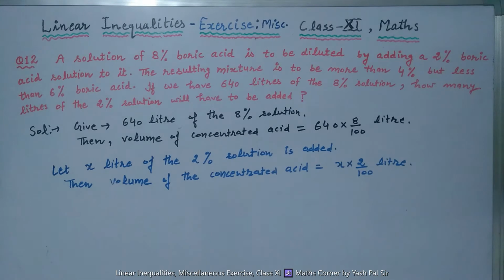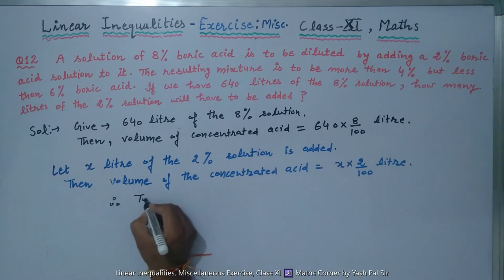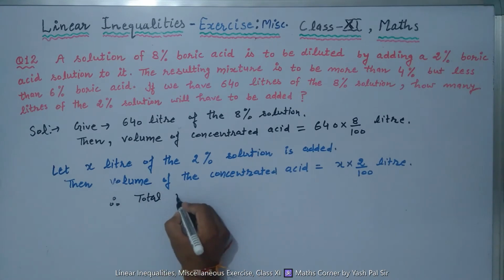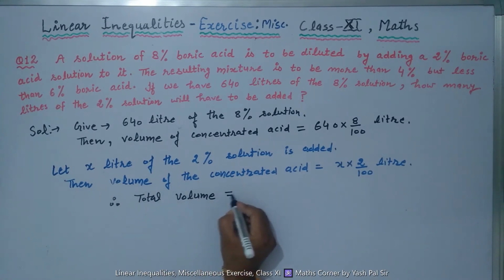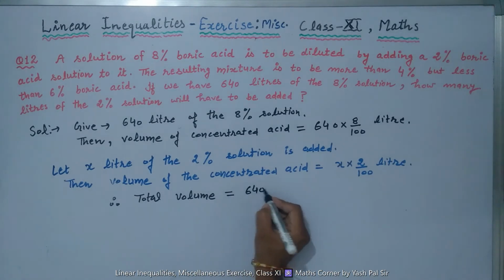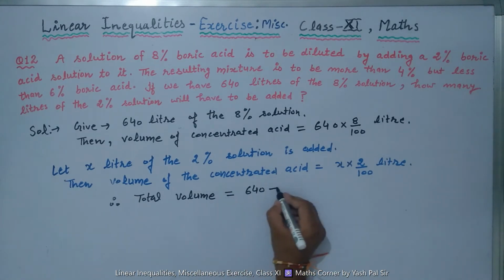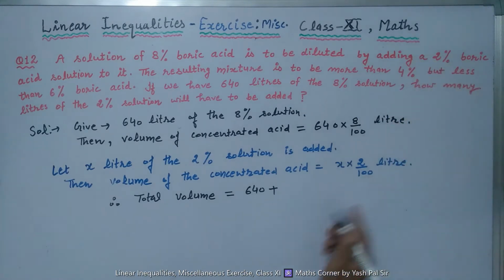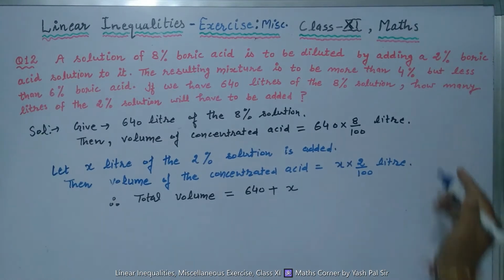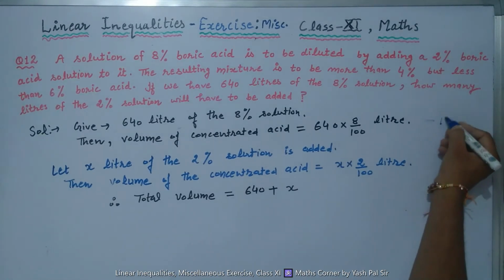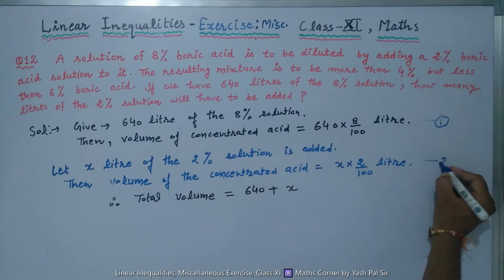Now this way total volume is equal to 640 plus, by adding a 2% boric acid solution, that is plus x. Now this is number 1 and this is number 2.